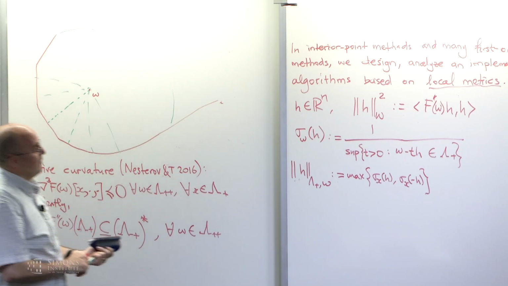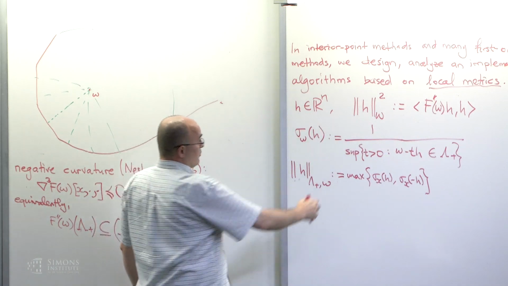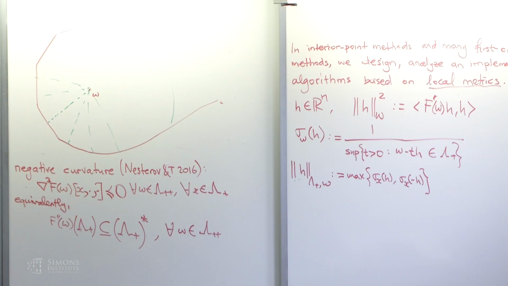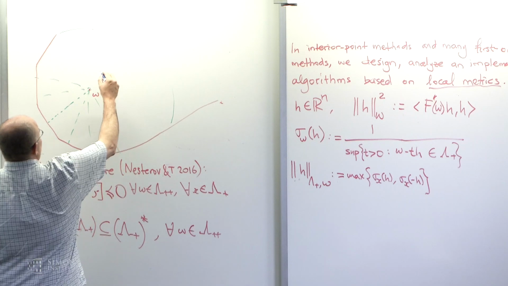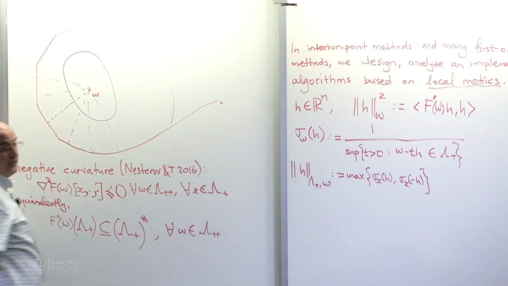So what is it about the other norm induced by the Hessian? The unit ball for that guy, what does it look like in this Mickey Mouse picture? In that Mickey Mouse picture, or any other Mickey Mouse picture, it's always contained in the interior of your cone. Or in general, if you take the slice with the affine subspace, it's contained in your feasible region. So the usual self-concordance gives you this Dikin ellipsoid.